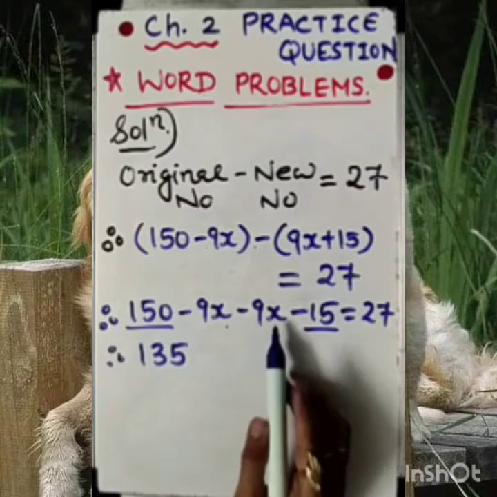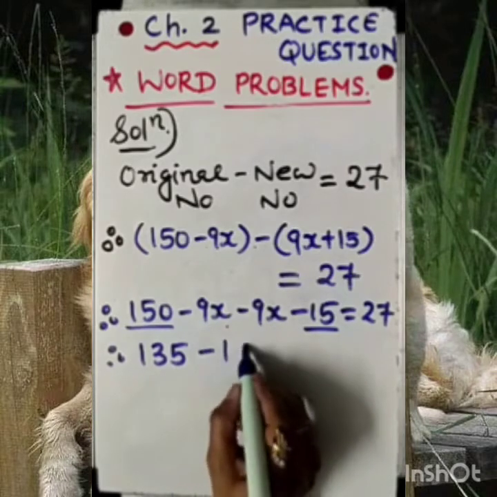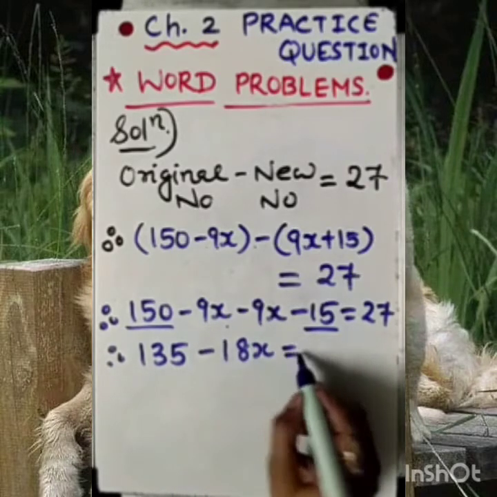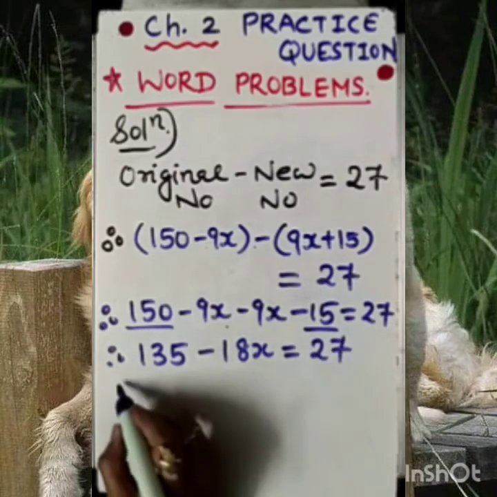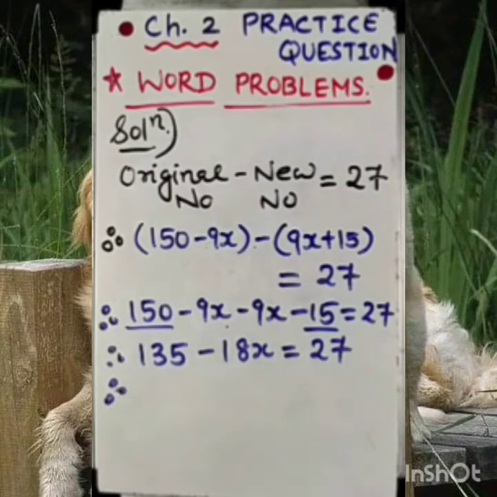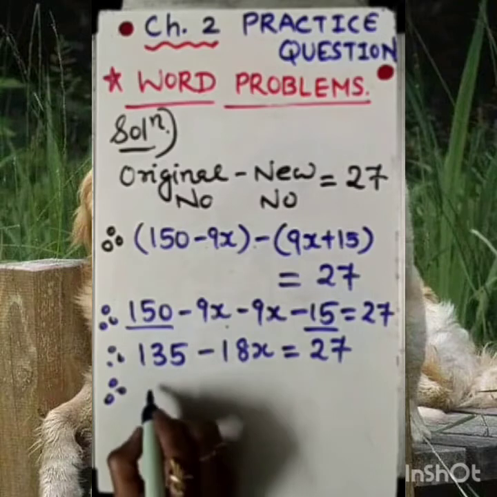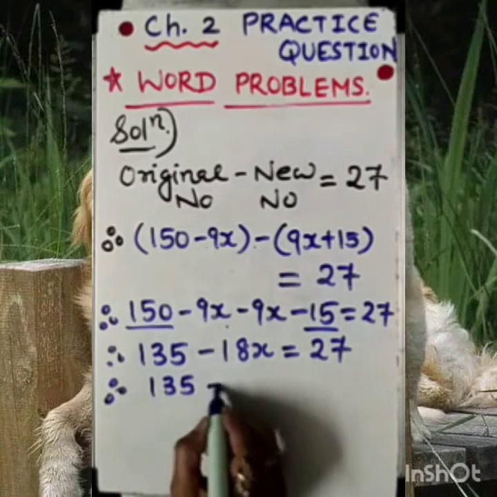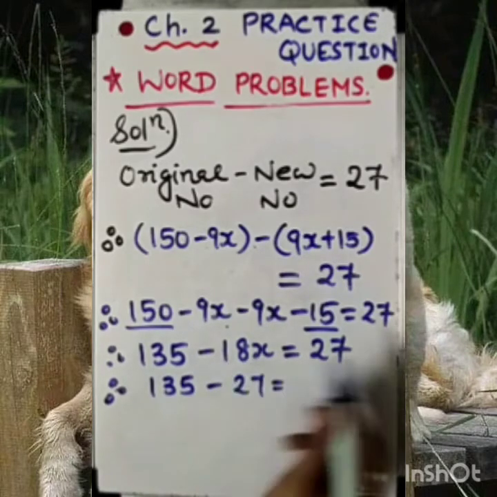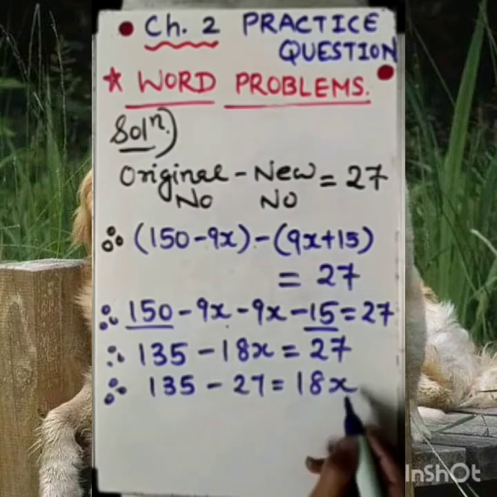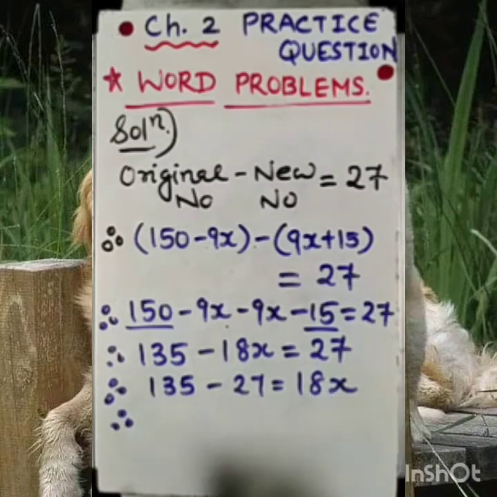Minus 9x, same sign addition, minus 18x, that is equal to 27. So dear student, this 27 now I am shifting to the left side and this minus 18x I am bringing to the right side, so it is becoming plus. What is the difference of 135 minus 27?